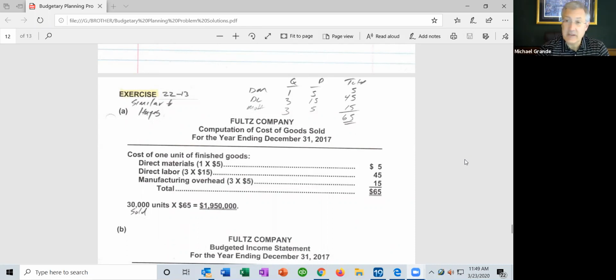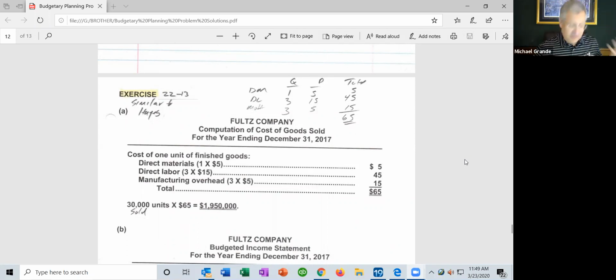Also from our direct labor, 3 hours. The price, the predetermined overhead rate for manufacturing overhead is $5 per direct labor hour. You got $15 of manufacturing overhead per unit. Total product cost per unit, $65. That's a per unit basis.